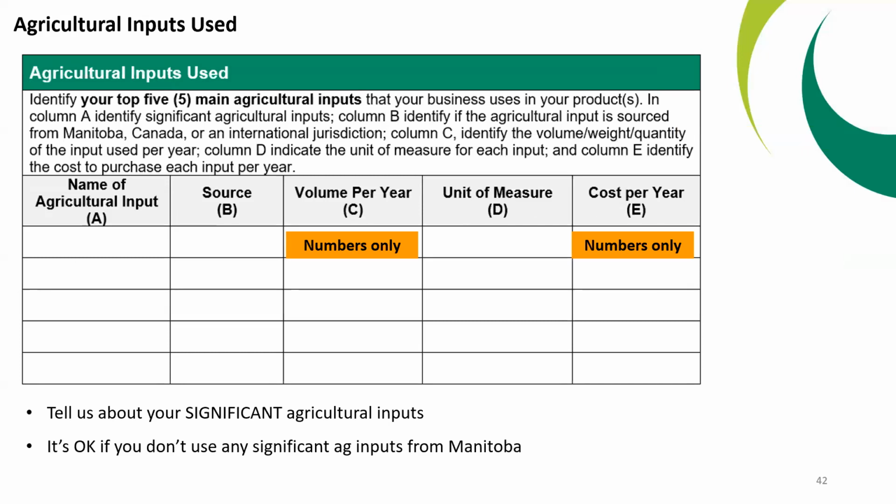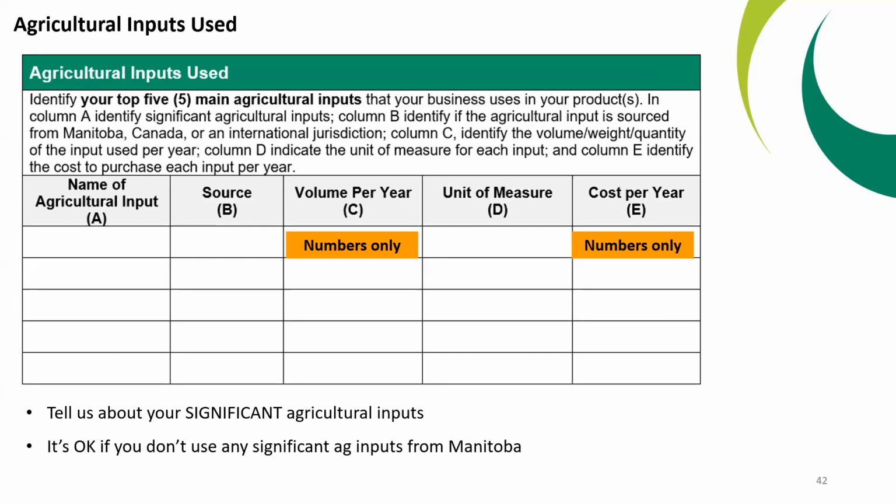Agricultural inputs used. Really, this one is for information in terms of understanding what inputs you're using, and really just talk about the significant ones. If there's some very minor ingredient, the only thing you're buying locally from Manitoba is some very minor ingredient, don't bother putting it on there.